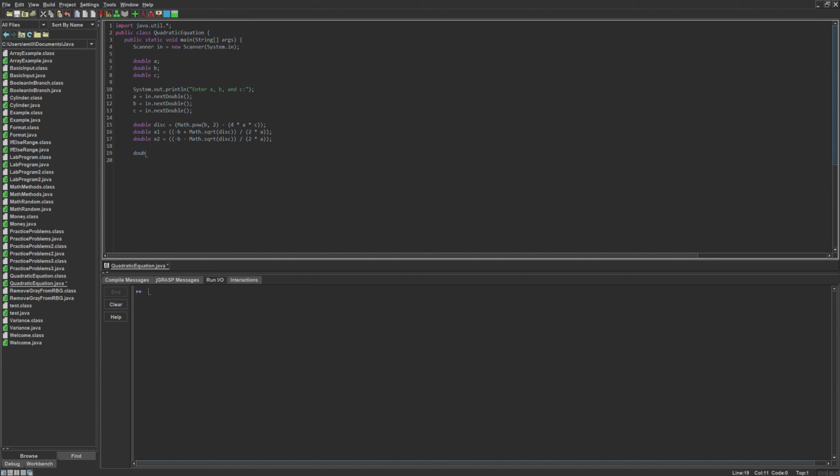So we'll do that by creating two more variables. Call it x1i. We're still going to do the square root, but now we're going to take the absolute value.